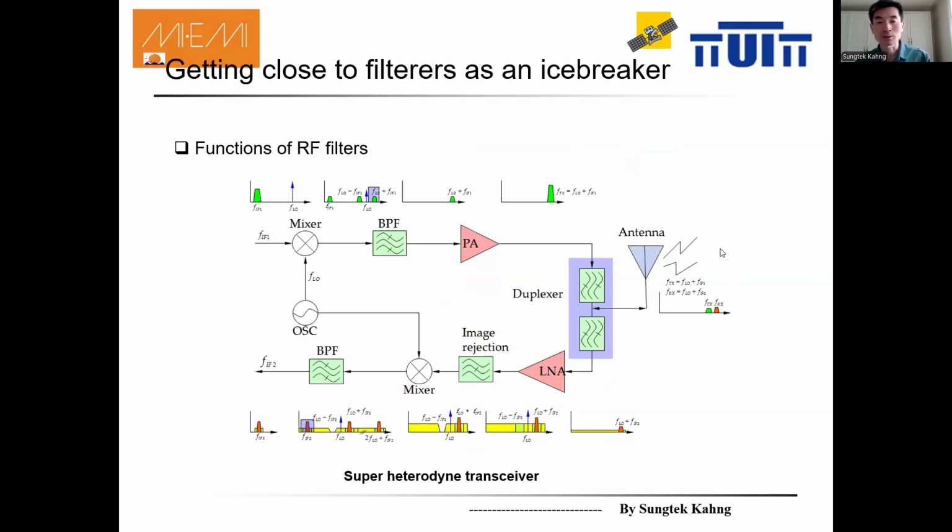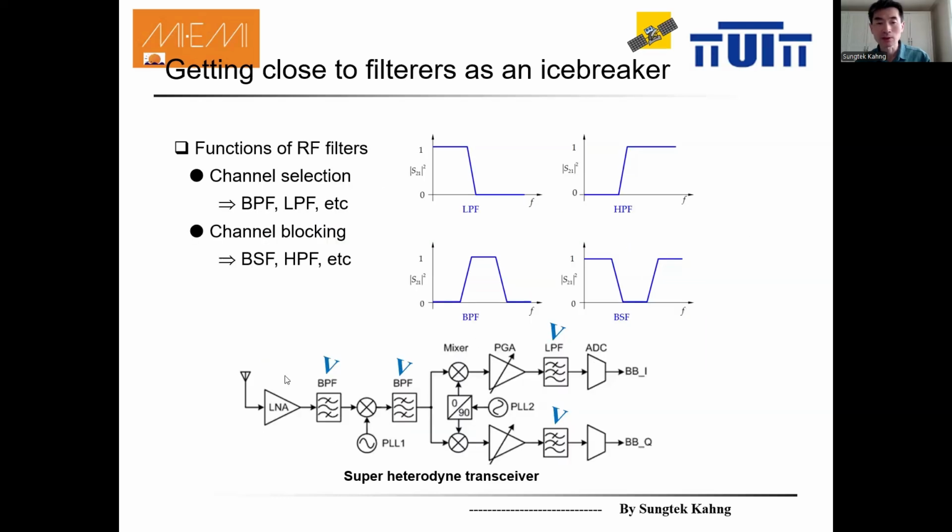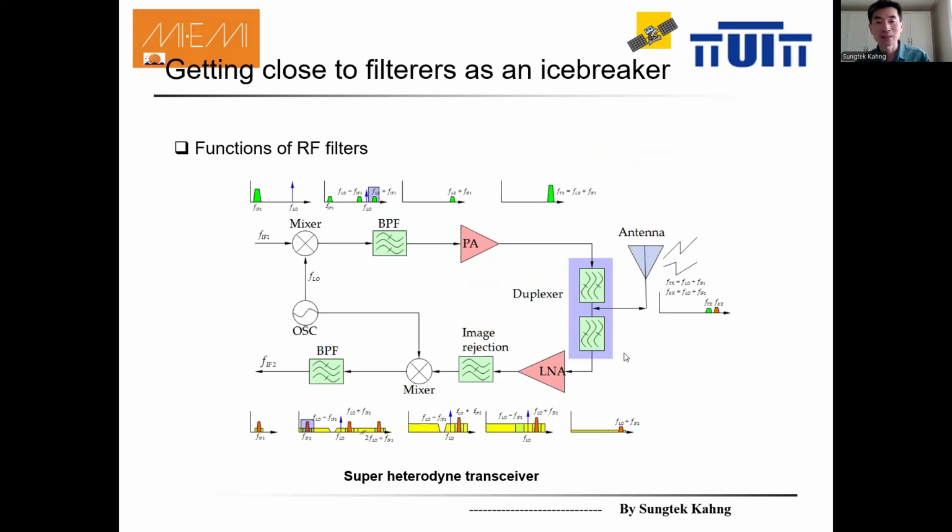This functional block diagram is also familiar to you. This one is a simpler version, but you can add a duplexer here. A duplexer distinguishes the path of the transmission and that of the reception using one antenna, which has a large bandwidth which handles TX and RX frequency bands.